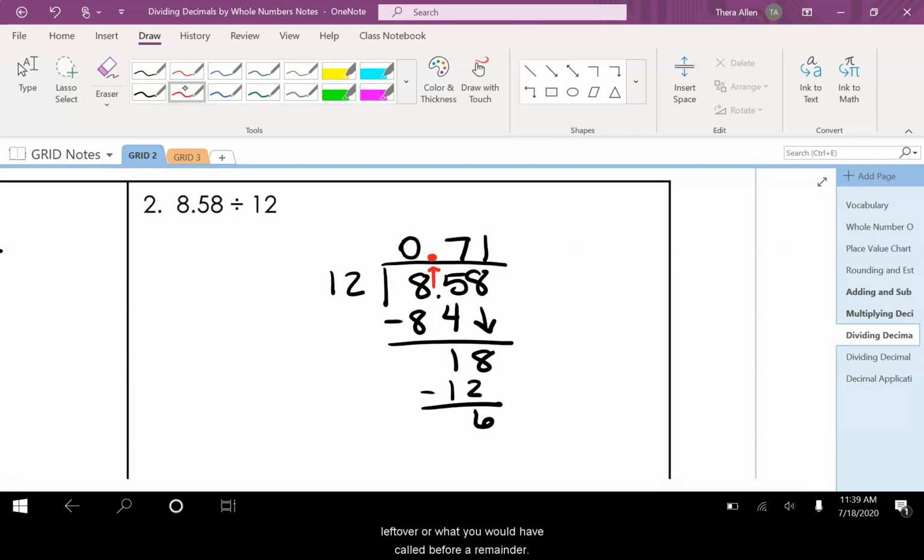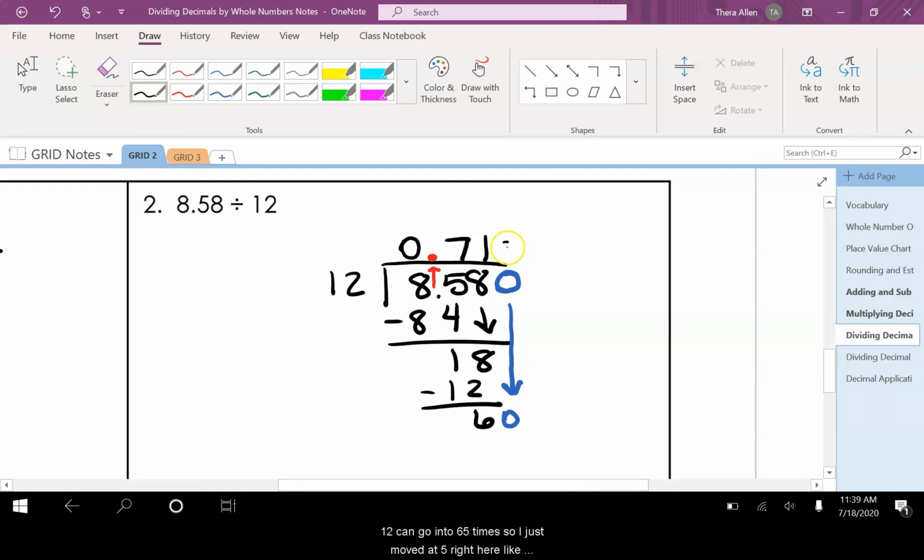Now, we have a leftover, or what you would have called before a remainder. But instead of this, I'm going to add a 0 here. We can do this because it's after the decimal. So now I can pull that 0 down. How many times can 12 go into 60? 12 can go into 60 5 times.